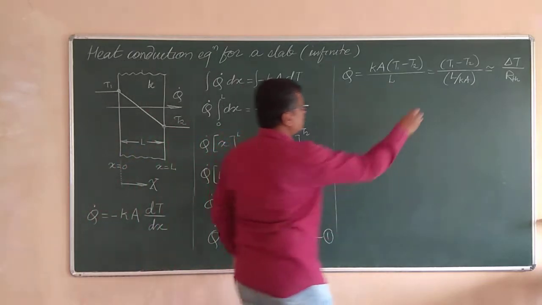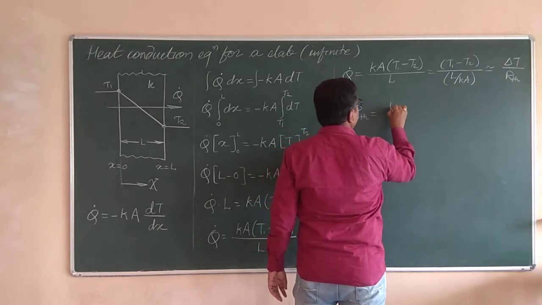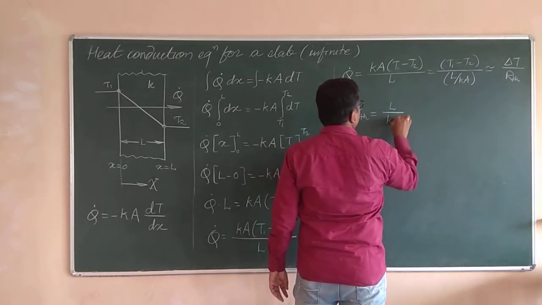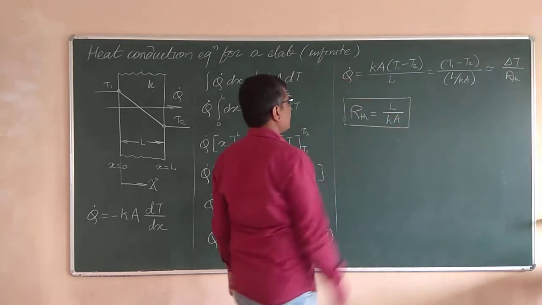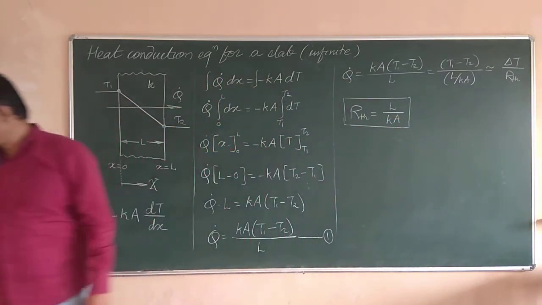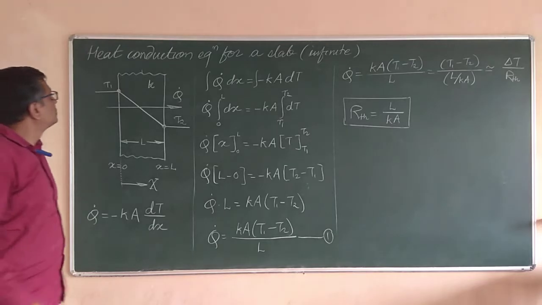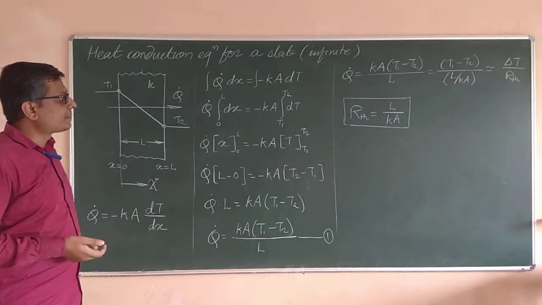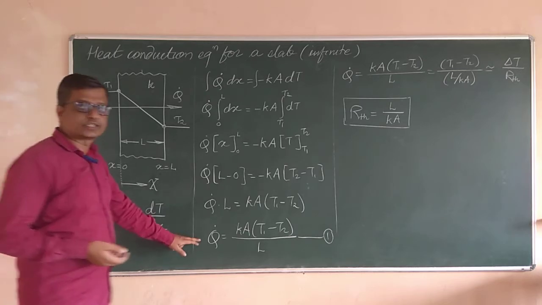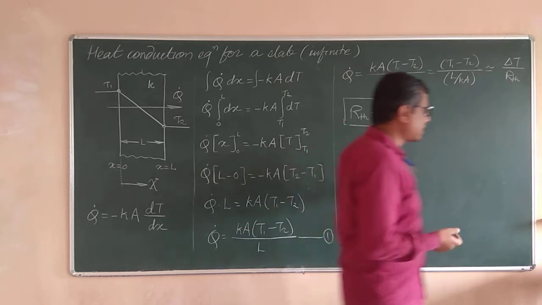So from this equation I can say that the thermal resistance of the slab equals L divided by K into A. So this is all about the heat conduction equation for an infinite slab, and this is the equation for the thermal resistance of a slab.